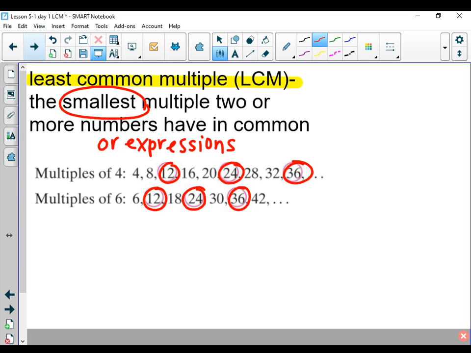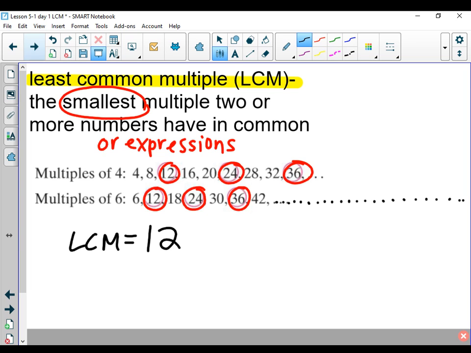The problem is, where does the multiple end? It doesn't, it's infinite multiples. So we are instead finding the least common multiple, the smallest one they have in common. So the least common multiple of 4 and 6 is 12.